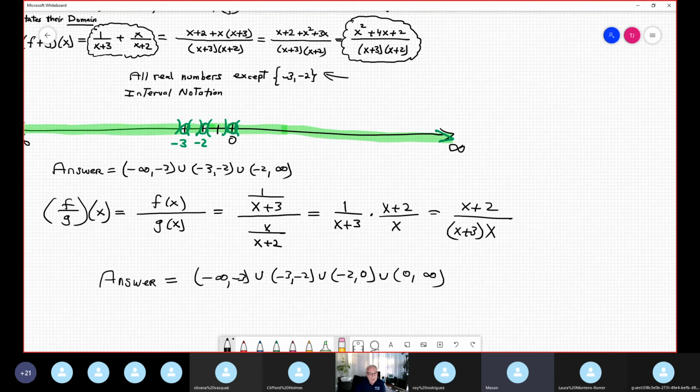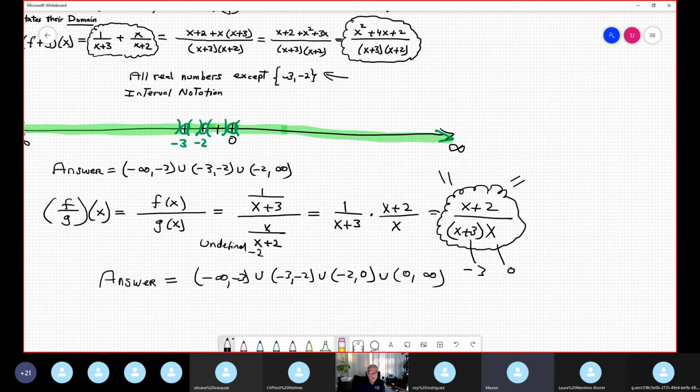Maybe the question you have is, professor, what is the reason for negative 2? Because negative 2 in the original expression is in the top, not in the bottom. It's not only negative 3 and 0. No, because when you plug in here, remember, this is equivalent, in quotation marks, but after the transformation. So if you substitute negative 2 here, you get negative 2 plus 2 as 0, which is undefined.